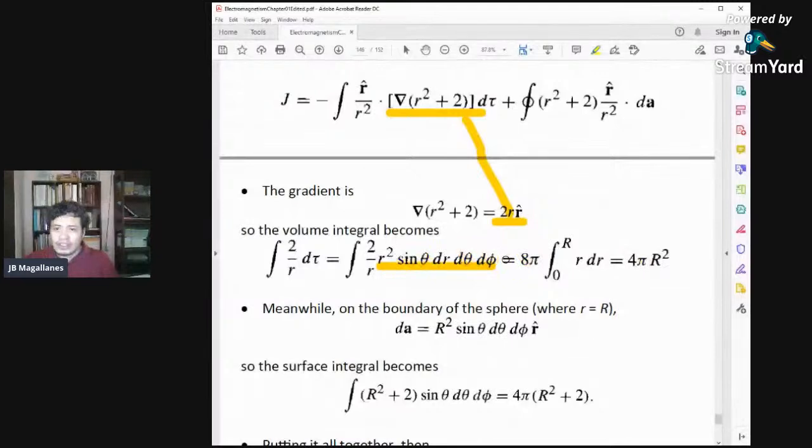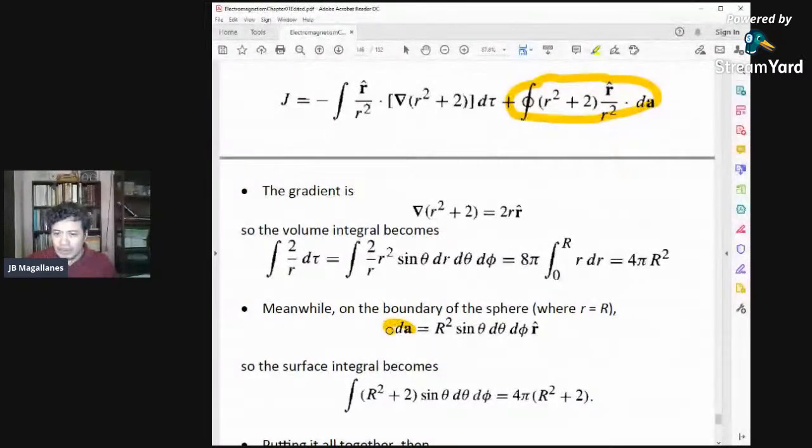So the other integral that we have to solve is this one. And for this case, you'll have dA that is equivalent to this in the spherical coordinates. Why is this the dA? We are looking at the direction of dA that is parallel to r hat, and the dA that is parallel to r hat is also the dA that has the direction r hat.